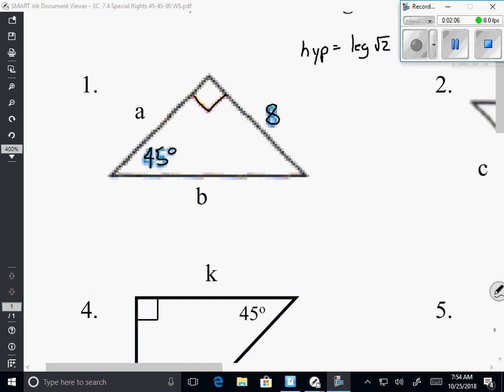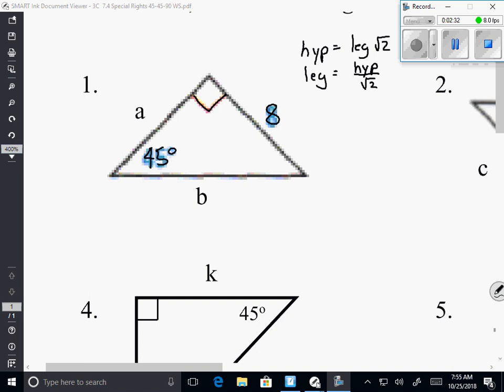What's the other one? Leg equals, you don't have this one? If you need to know a leg and you know the hypotenuse, right, the hypotenuse divided by the square root of 2.